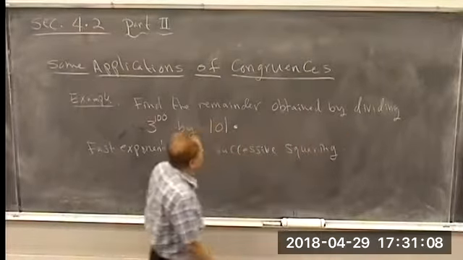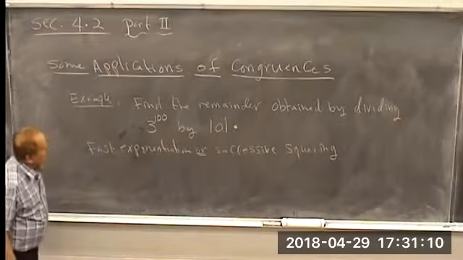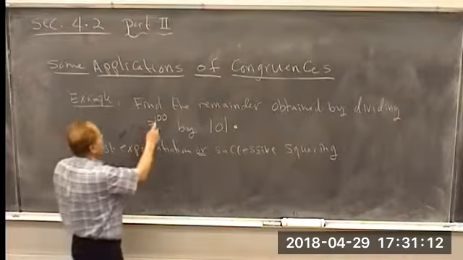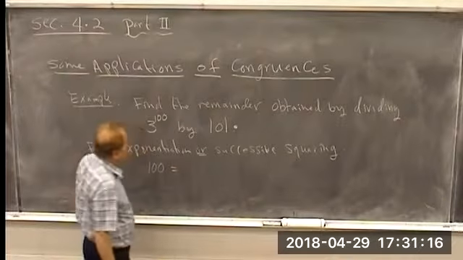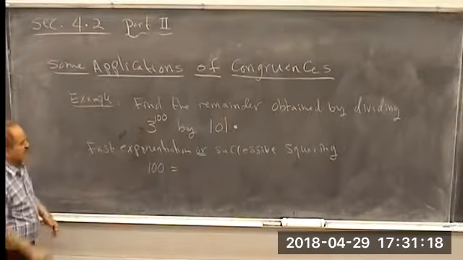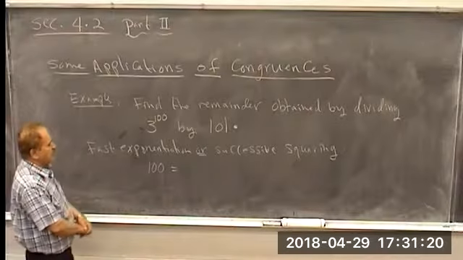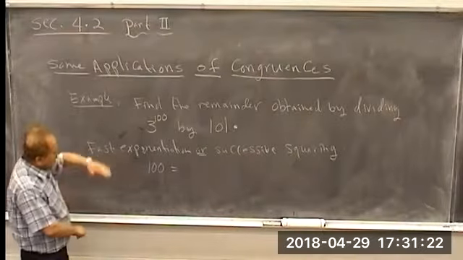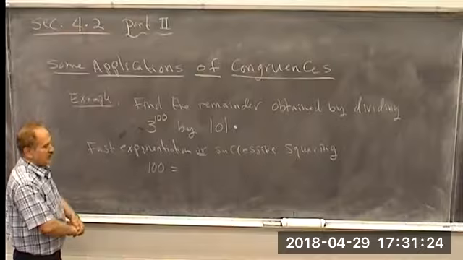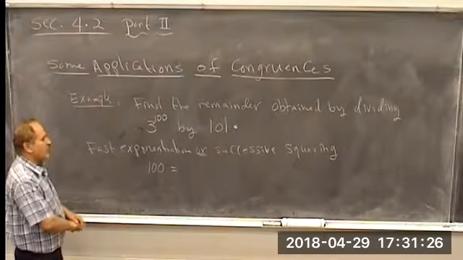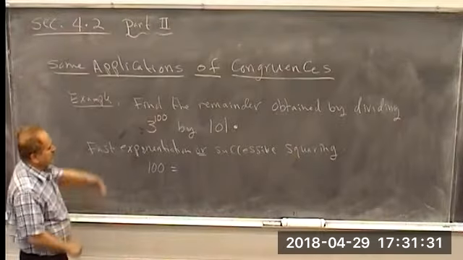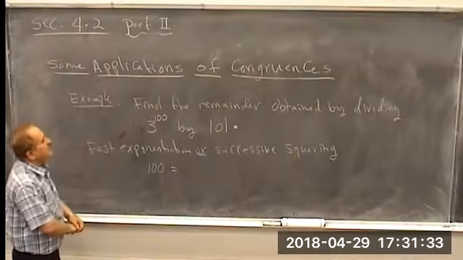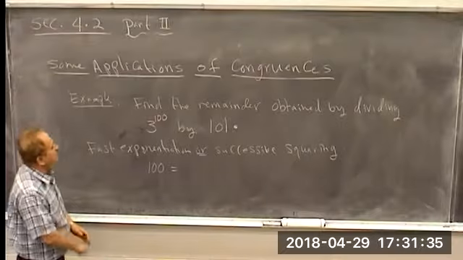All right. The idea is to take the number 100 and write it as a sum of powers of 2. In the next section, we're going to talk about this idea, which is what we call the binary representation of natural numbers or integers.